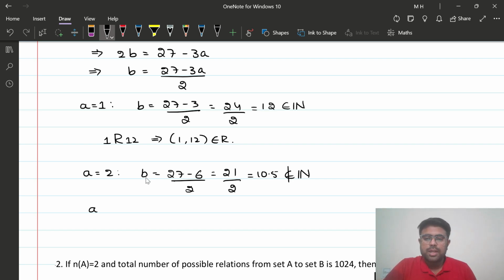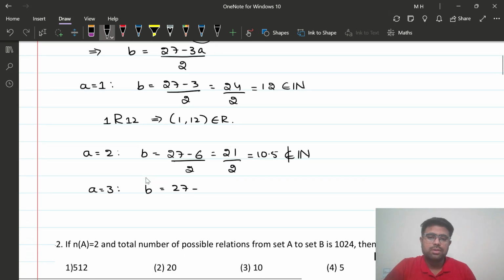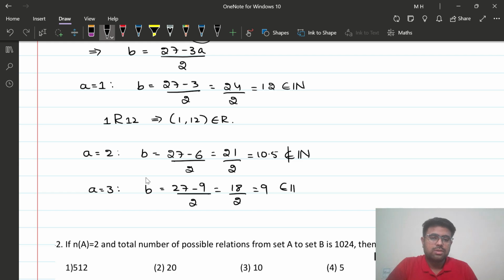If I take up the next one, if I put a equal to 3, I'll get b equal to what? 27 minus 3 threes are 9, so 27 minus 9 is 18, divided by 2, which is 9, which belongs to N. So therefore, I can say that (3, 9) belongs to R. A is 3, b is 9.